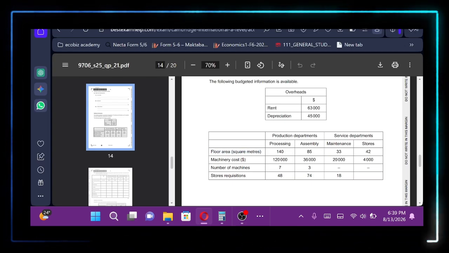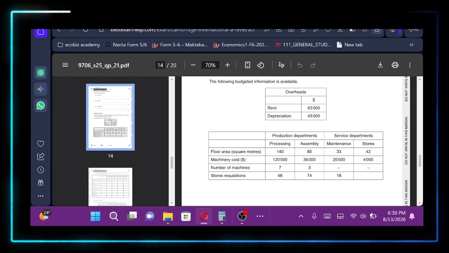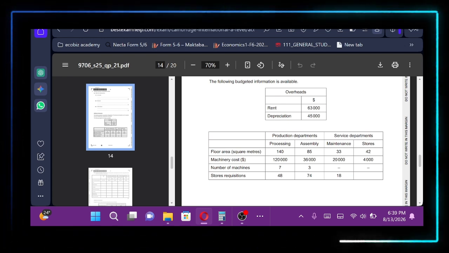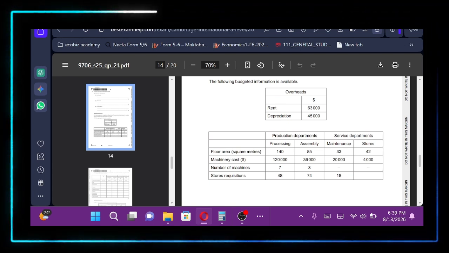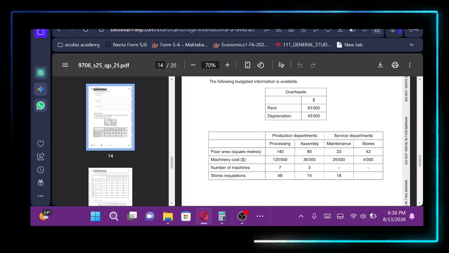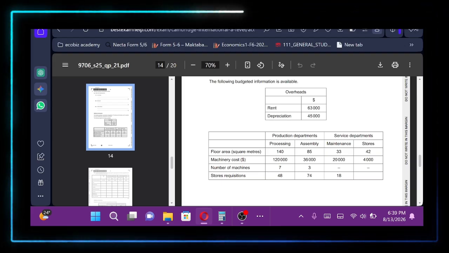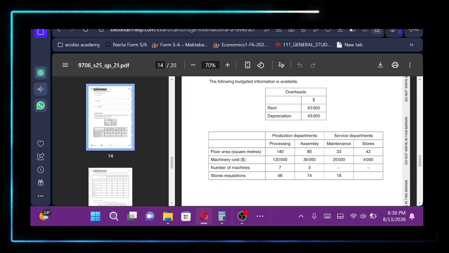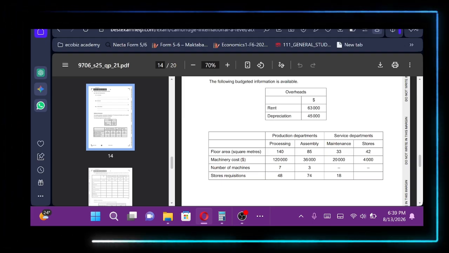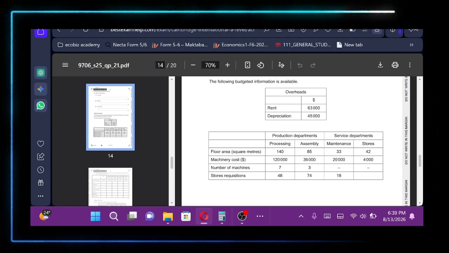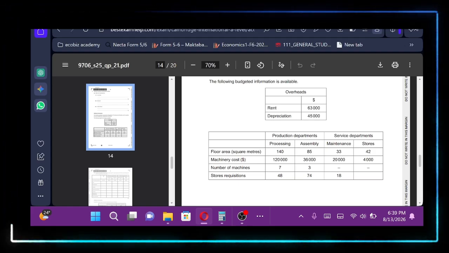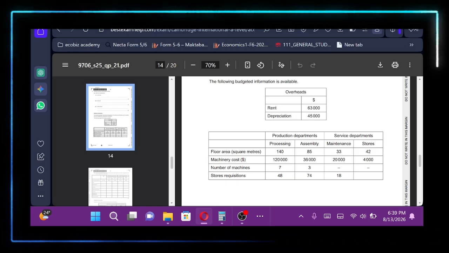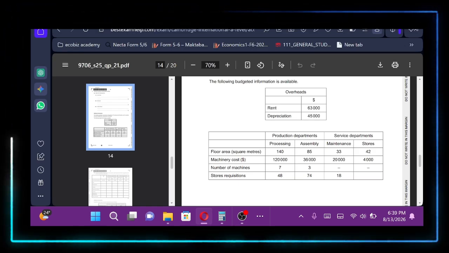For example, if we rent companies and we have 2 companies, the first one is 4 square meters, which is impossible, but let's use it as an example, and another company is 8 square meters. Of course, the company with 4 square meters is going to have lower rent because it has lower floor area.